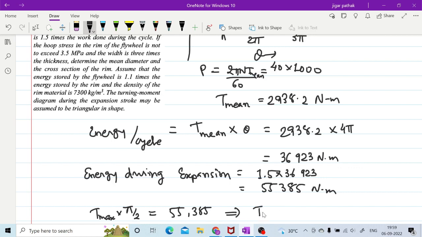If you simplify it, what do you get as T max? 35259, I guess. 35259 Newton meter.